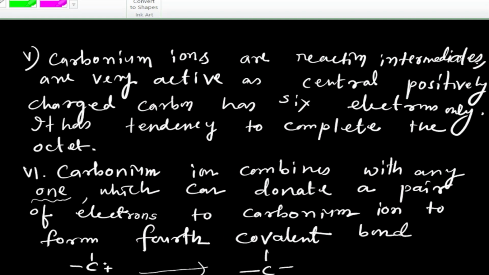See here, one side has a plus charge with 6 electrons and 3 covalent bonds, and it wants to take electrons to complete the octet. The outer agent can donate a pair of electrons to the carbonium ion, then it forms 4 covalent bonds. That is called the 4th covalent bond.